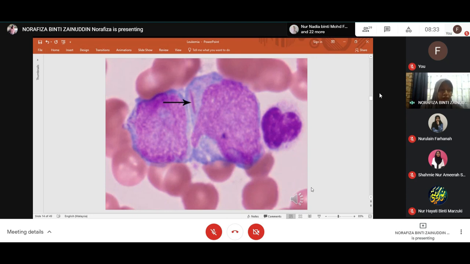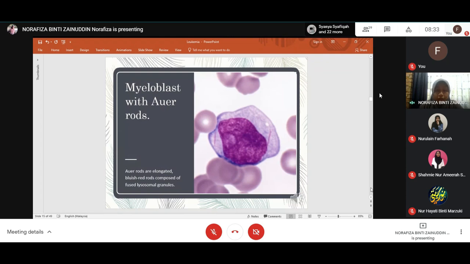Even a single well-characterized Auer rod in a blast in the blood smear of a patient confirms the existence of acute leukemia. So this is a very important diagnostic entity. The rods are elongated bluish-red rods composed of fused lysosomal granules.